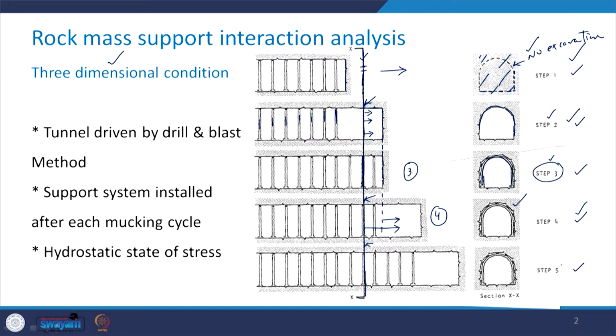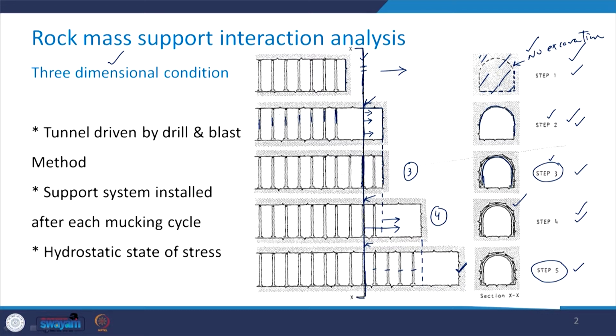In step 5, all the support systems have been installed up to the excavation of step 4, plus the tunnel face has been further advanced. So, these are the 5 steps that we are going to discuss in detail with reference to the generation of GRC and SRC.